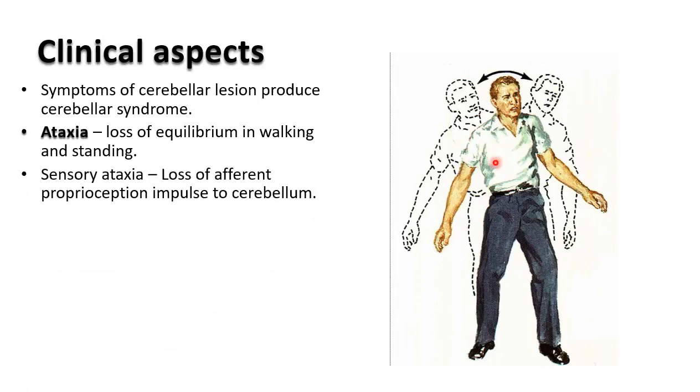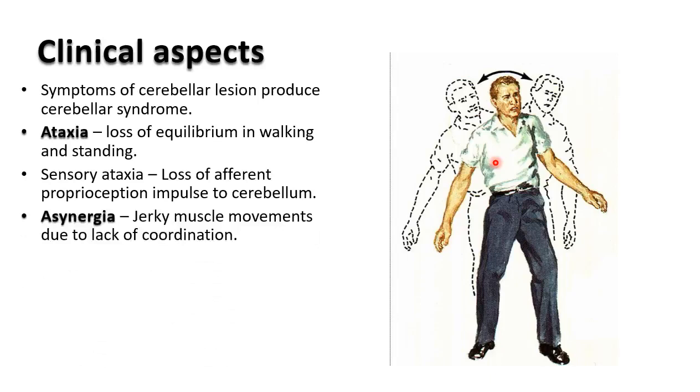Then sensory ataxia is when the proprioceptive impulses from the spinal cord through the spinocerebellar tract are damaged. It brings about sensory ataxia, loss of muscle sensation, and deep tendon reflexes are very much diminished. Then jerky muscle movements, no synergistic movement, no coordination.